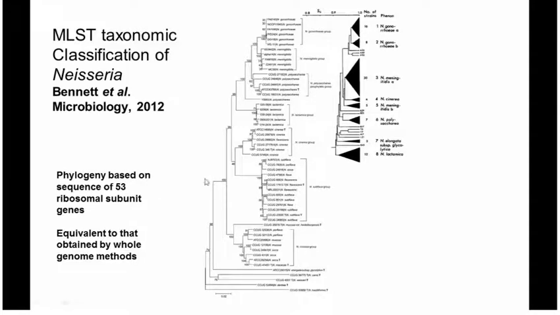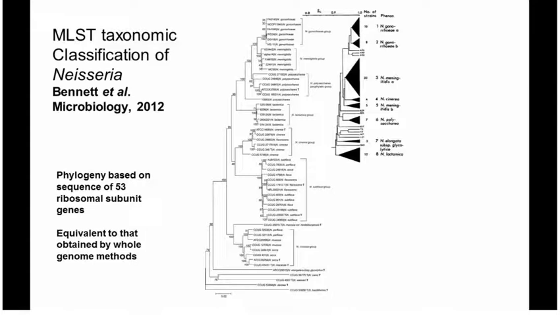This is multiple locus sequence typing, so they chose 52 ribosomal subunit genes, highly conserved proteins present in all bacteria. And they proved, in some other data or subsequently, that the classification they derived from these 53 genes was equivalent to what you get if you sequence the whole genome. So you don't get any extra information.